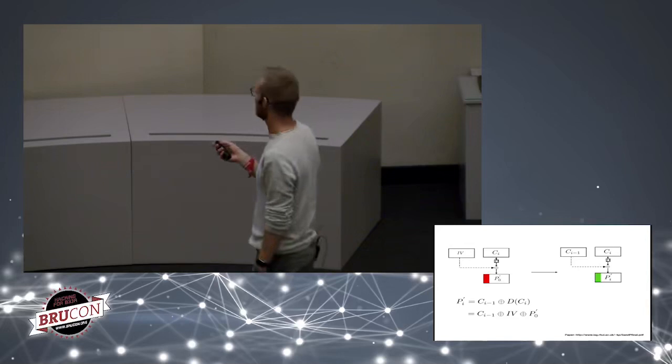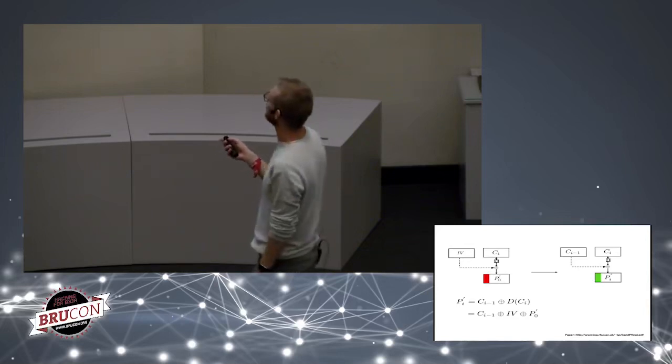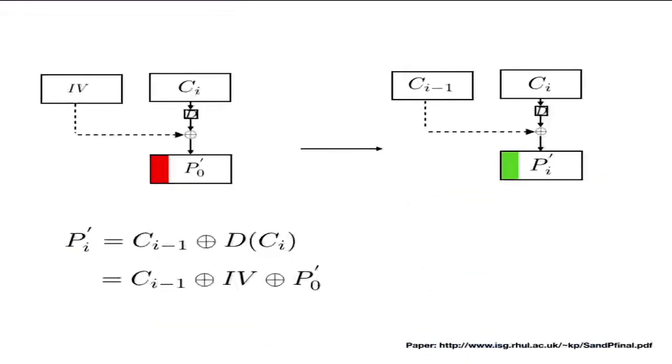Right? So what we will have here is our CI and our IV. The CI is just any block that we choose. SSH using CBC will calculate this P01, where the first 4 bytes are the length. And we know that because by submitting our blocks, we know the length of that.